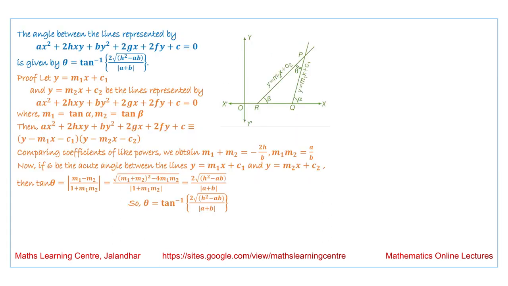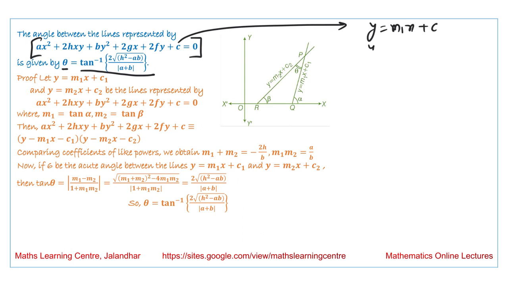The next result we have is the angle between the lines represented by the general equation of degree 2. It is given by theta = tan inverse of this value. Suppose the two lines that we have are y = m1x + c and y = m2x + c.